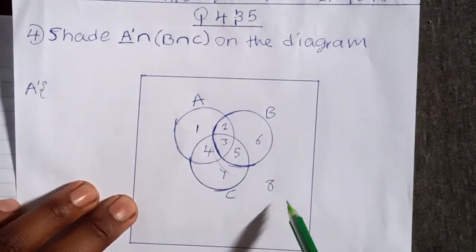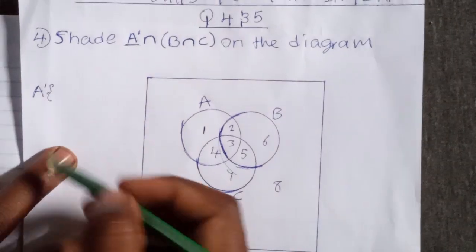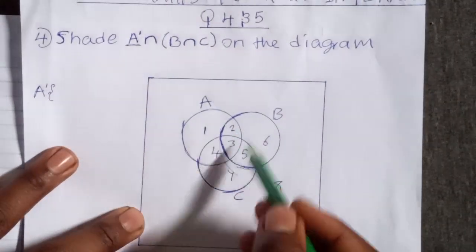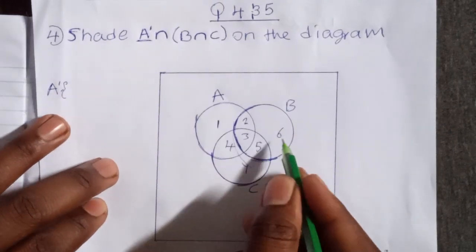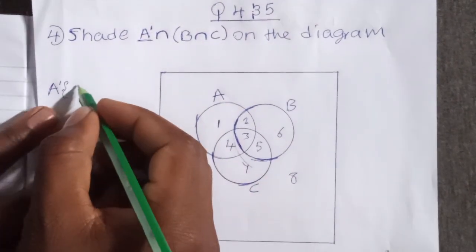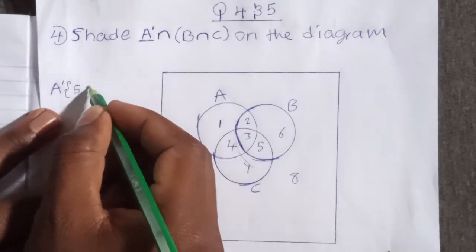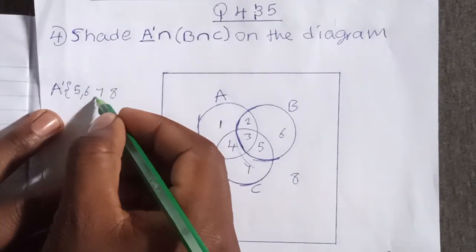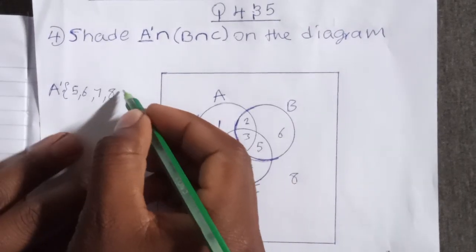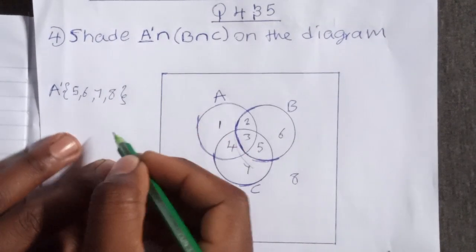These numbers are outside A because A complement means anything that is outside A. Make sure you put commas. Then you close the bracket.